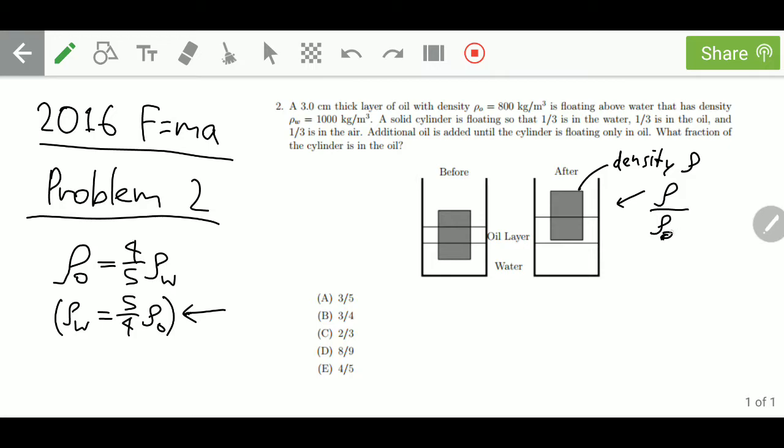So if we express everything in terms of rho oil and find rho in terms of rho oil, that will give us our answer. The fact that I've just cited is a well-known fact, but it's a direct consequence of Archimedes' principle, which of course we will use to handle the first situation.